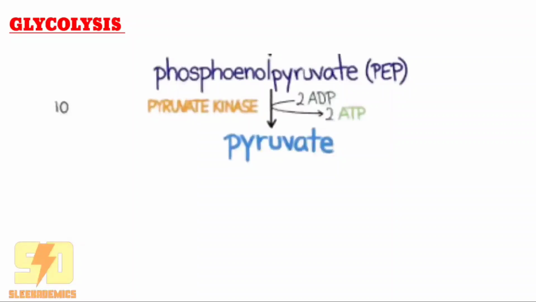At this point, the body also further produces energy by removing a phosphate group to produce ATP. The pyruvate produced is a precursor to movement into the Krebs cycle, where majority of the energy used up in the body cells are produced.